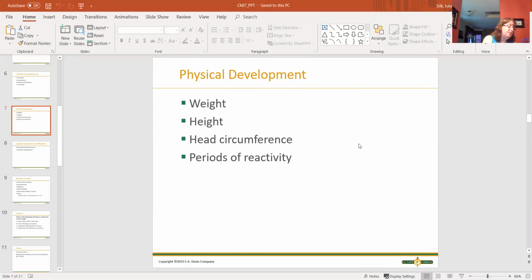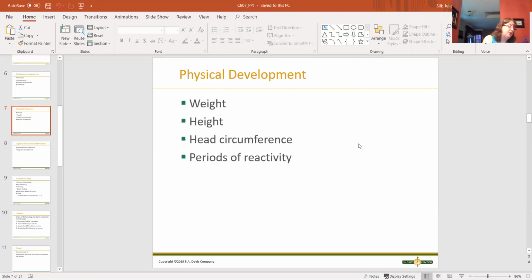With weight, the average birth weight is usually about 7.5 pounds. And then they look at all of these different charts again with weight.